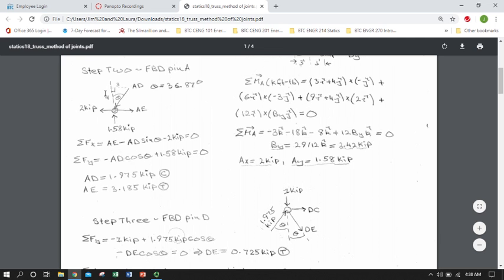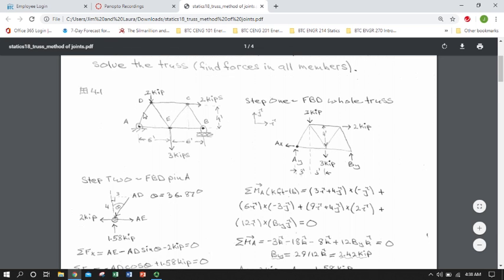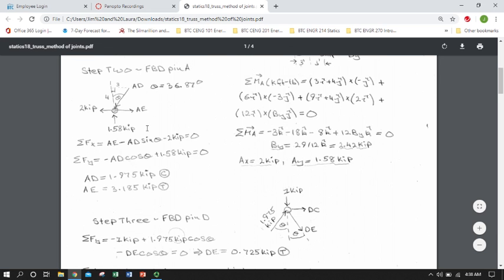So I'm now just isolating pin A. I'm applying my vertical and horizontal support reactions that I determined from the whole truss FBD, and then I am representing the effect of the forces in members AE and AD, which I will go back up and refer to. Here's AD and AE. I'm representing those just with forces.